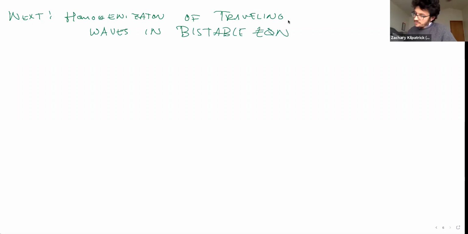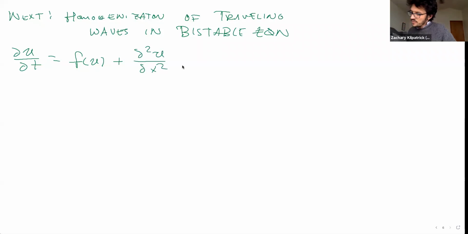Okay. And if you remember the bistable equation from PDE, you have some nonlinearity and a PDE. Actually, I think we dealt a little bit with it when we talked about method of multiple scales before. And we have a diffusion term here.